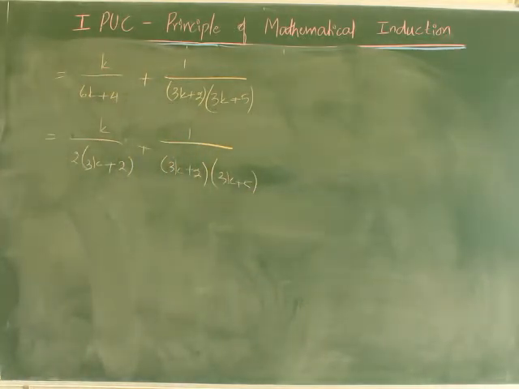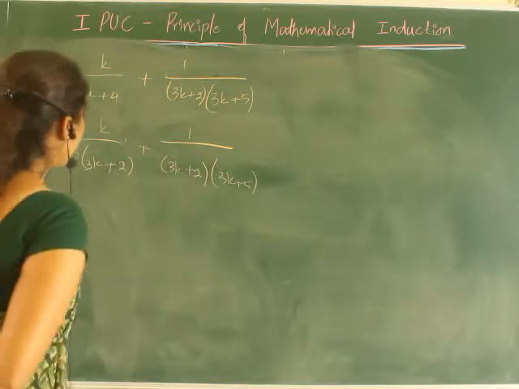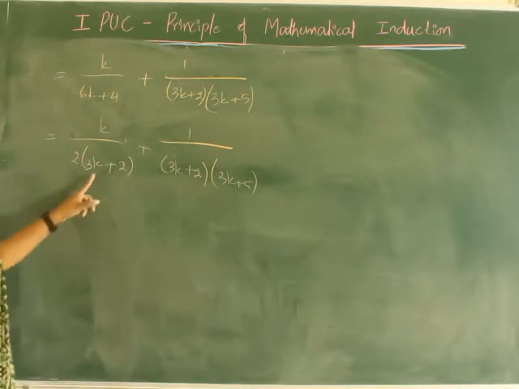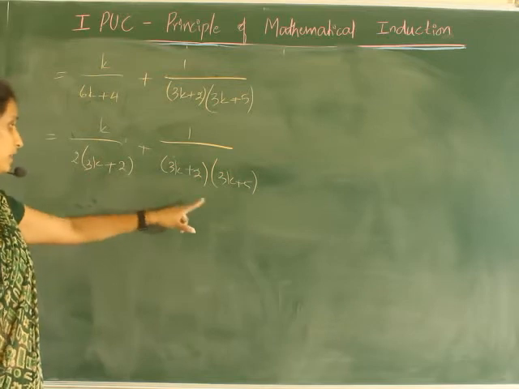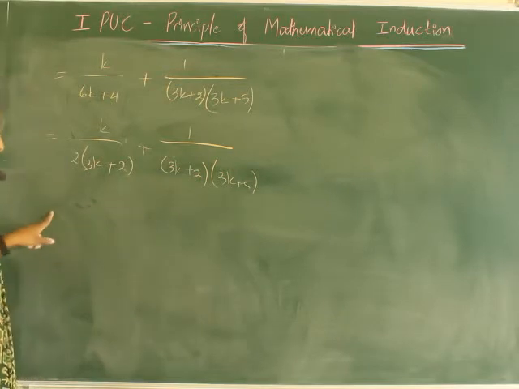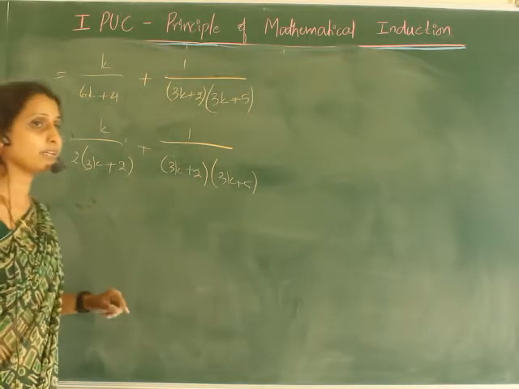So after that, I can take LCM as anyhow here 3k plus 2, 3k plus 2, so I will take the LCM as 2 into 3k plus 2 into 3k plus 5.